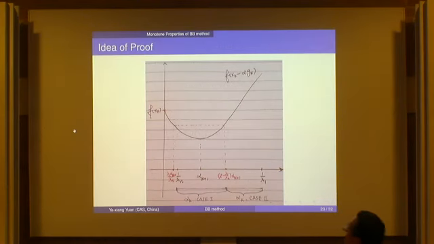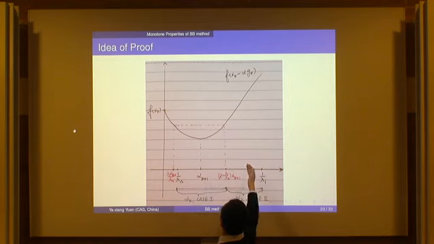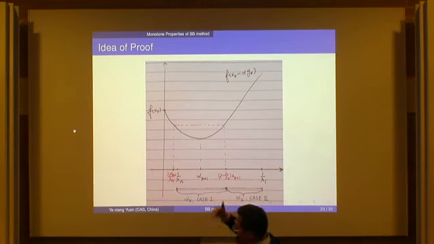If alpha is in this region, the function is reduced; if alpha is outside, then the ratio of alpha k divided by alpha k minus 1 will be reduced. So either of these will be reduced. That is the filter approach.